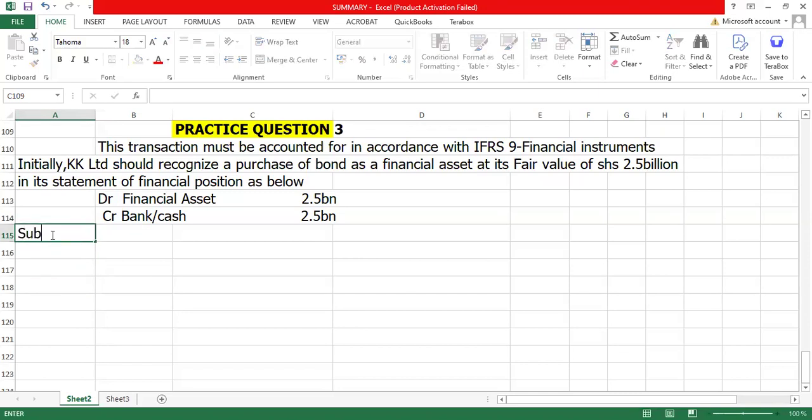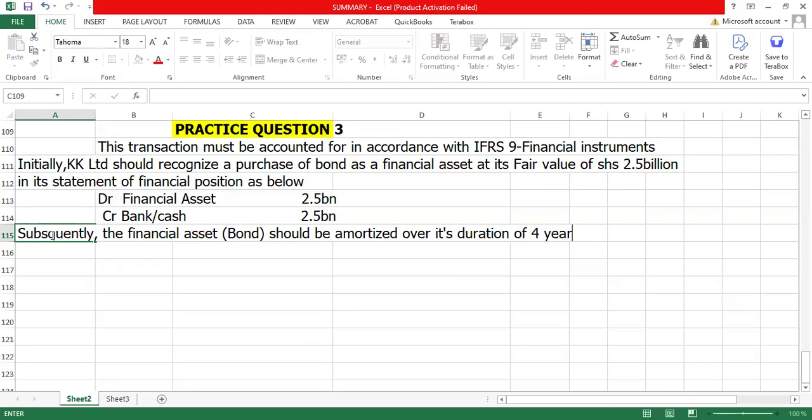Then subsequently, the financial asset, this is your bond, should be amortized over its duration of 4 years, as below.